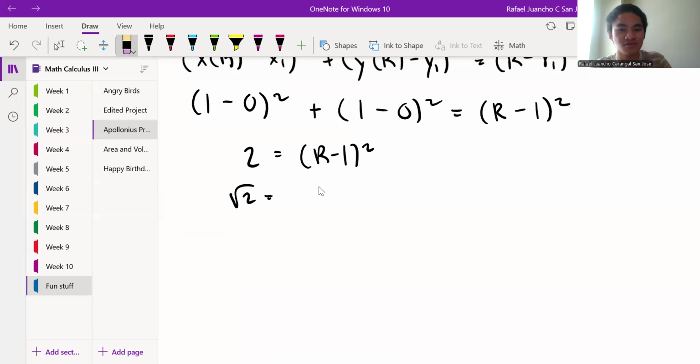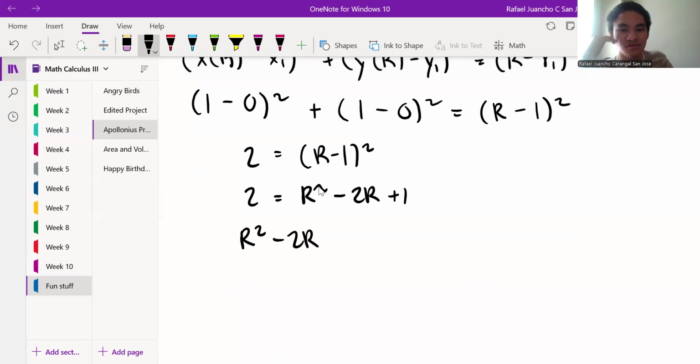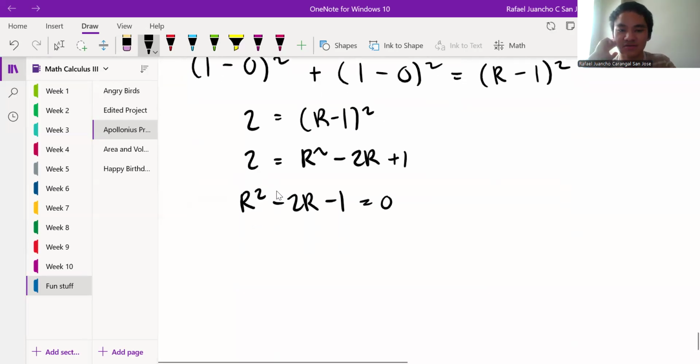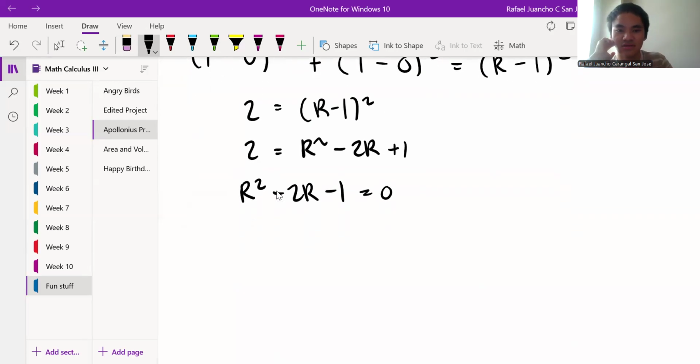Oh, should I do a plus minus? Here I can do a quad formula, actually. Let me just do that. This is 2 equals R squared minus 2R plus 1. Here I get R squared minus 2R, 1 minus 2, so that's minus 1 is equal to 0. Or am I making a dumb mistake again?